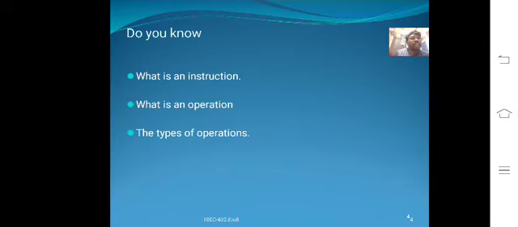That is the instruction, and it is followed by all the students, faculty and entire college people. They have to follow that rule or instruction.